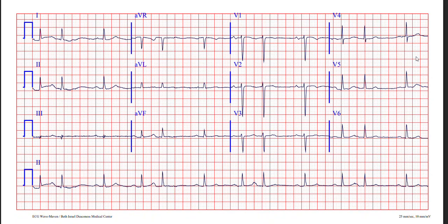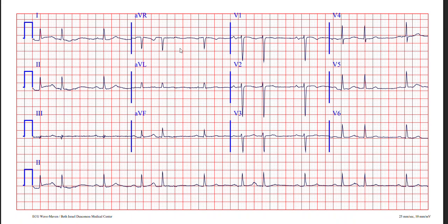I have taken this ECG from ecg.bidmc.harvard.edu, and I want to give credit to this website. You can see also the copyright is to ECG Web Maven, Beth Israel Deaconess Medical Center.